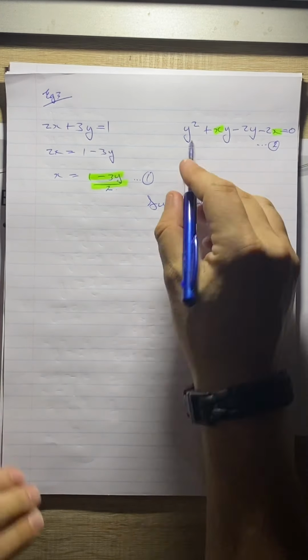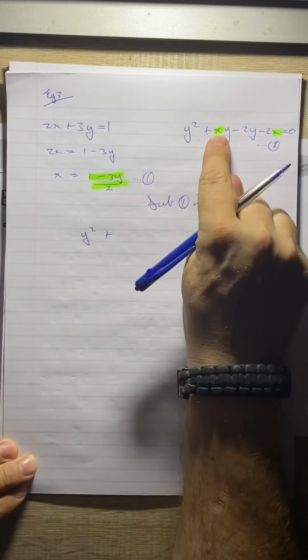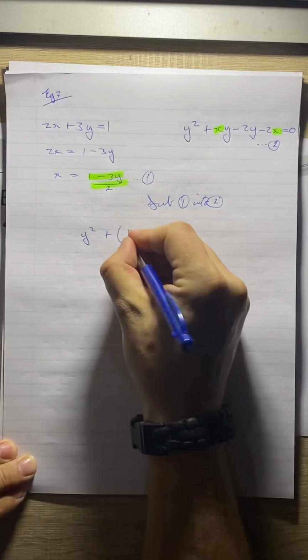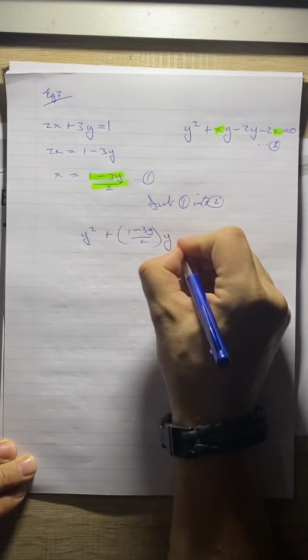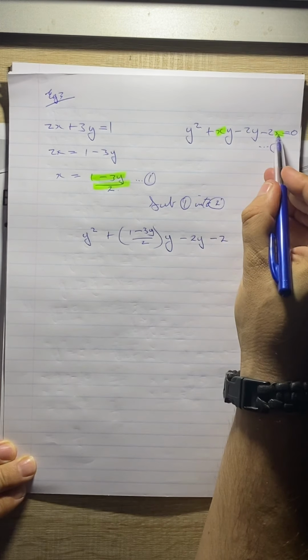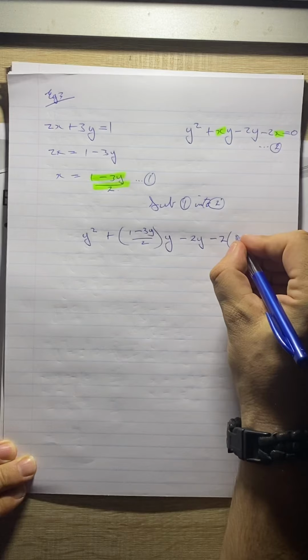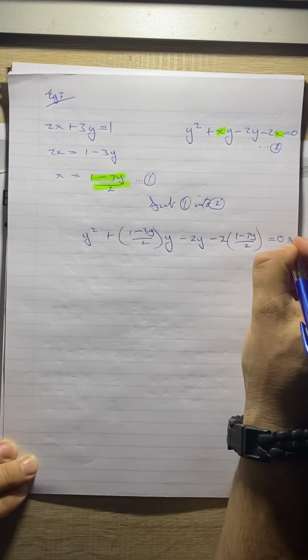Okay, so we get here y squared plus, now that x will become this, (1 minus 3y) over 2 times y minus 2y minus 2. That x becomes that, and we get (1 minus 3y) over 2 equals 0.